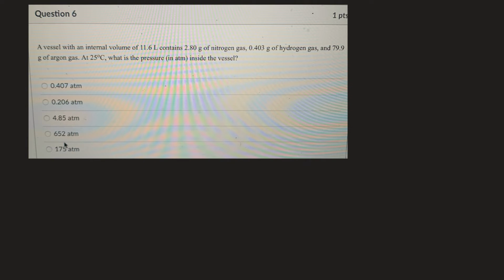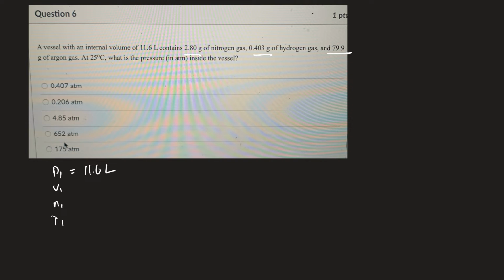Okay, let's do our thing again. P1 V1 N1 T1. 11.6 liters. Contains 2.8 grams of nitrogen gas, 0.430 grams of hydrogen, and 79.9 of argon.